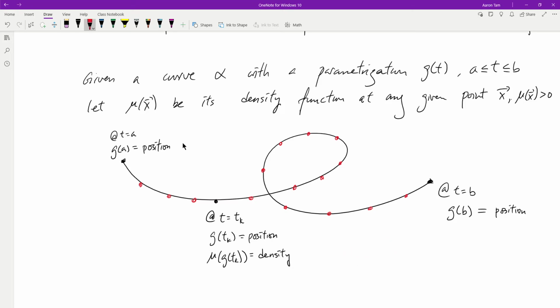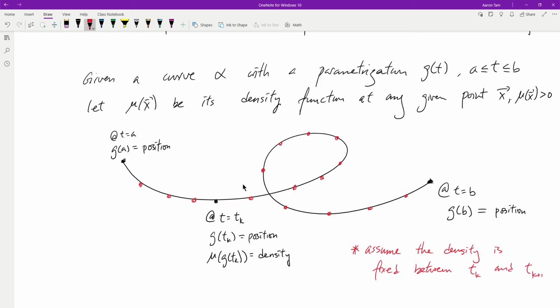I can do it right here. We're going to make an assumption. We're going to assume the density is fixed between two consecutive dots, which is basically between, let's say, t sub k and t sub k plus 1.